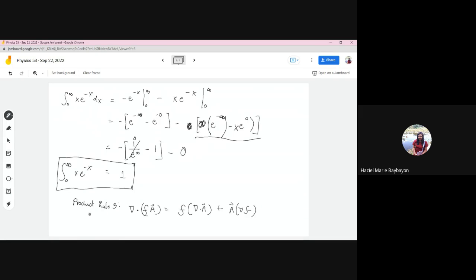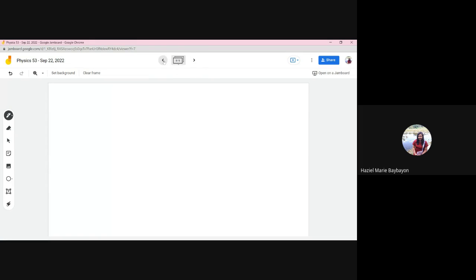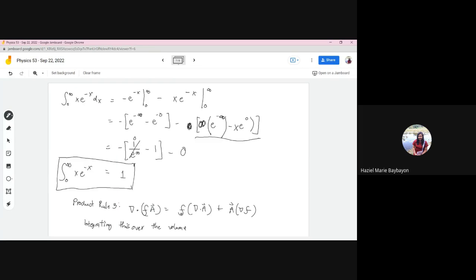So integrating this over the volume. Let us use integration by parts as well as the fundamental theorem for calculus to integrate this one. So initially, integrate natong over the volume ang left-hand side ug ang right-hand side of the equation.